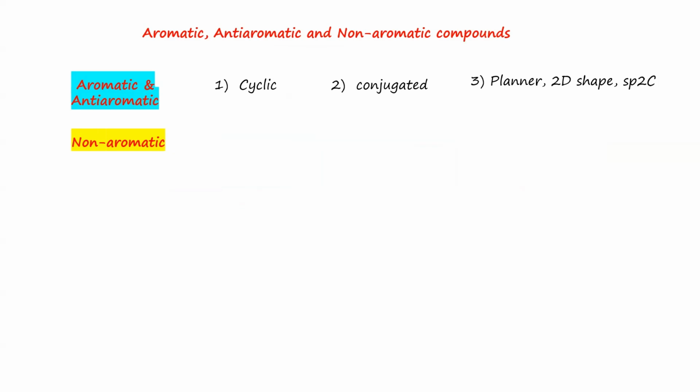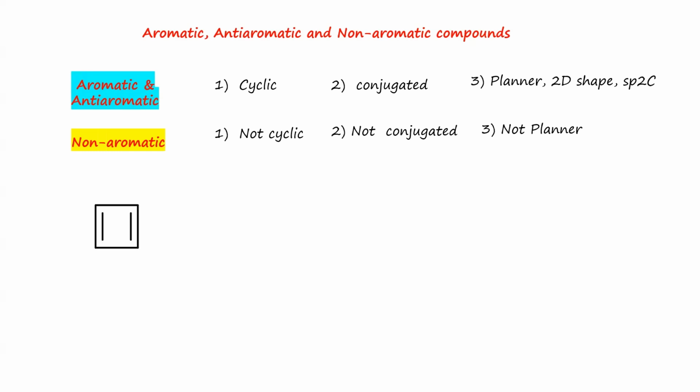And third one, planar 2D shape and sp3 carbon which is connected to another carbon atom by double bond. If it satisfies all these conditions, then we can say that the compound is either aromatic or anti-aromatic. For non-aromatic, the conditions are not cyclic, not conjugated system, not planar.